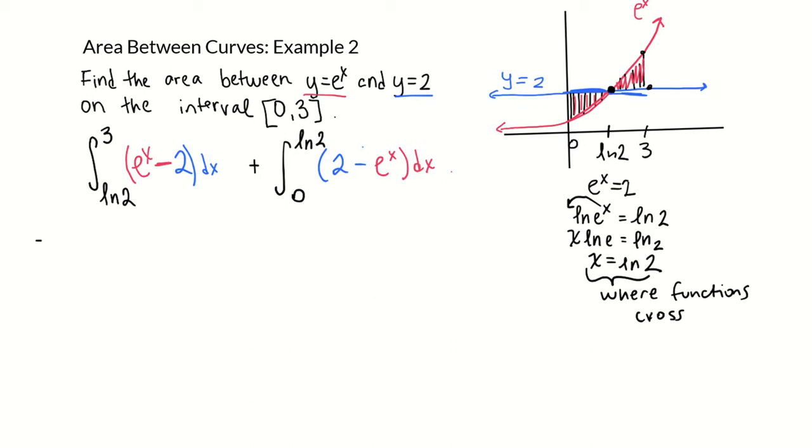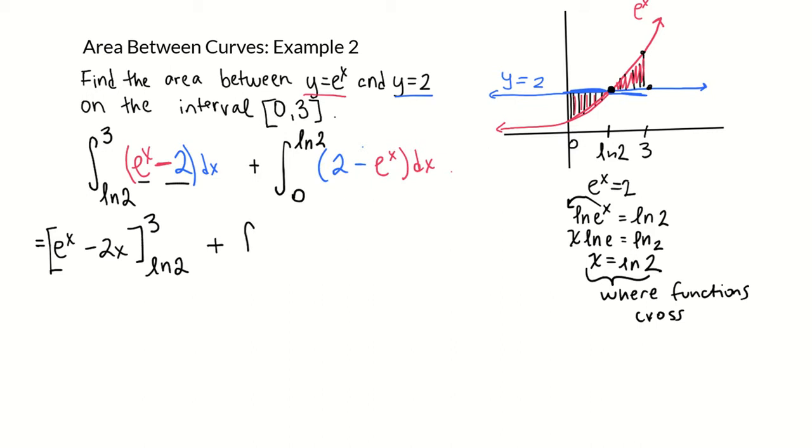So this first piece, integral of e to the x is e to the x. Integral of -2 is -2x. And here we're evaluating from 3 to ln 2.